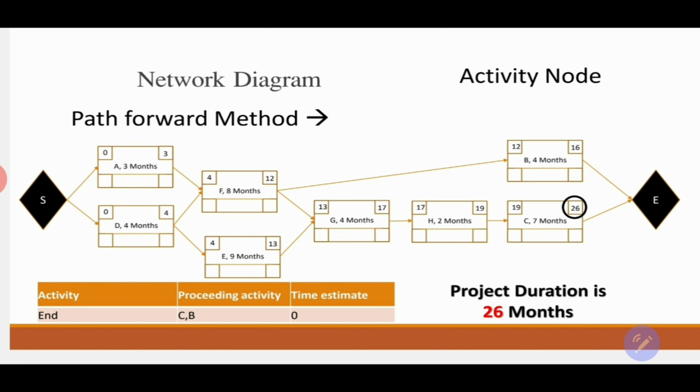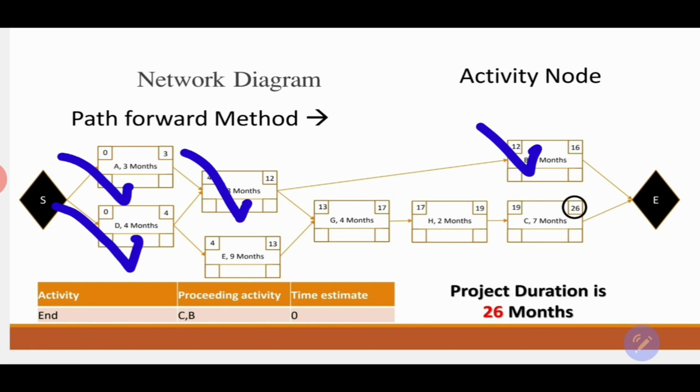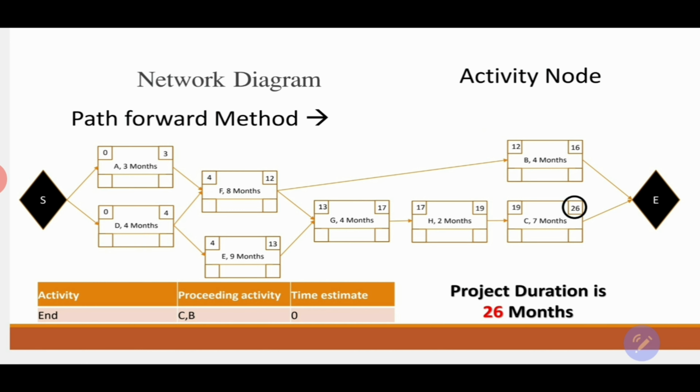Some might say, why are we not taking the 16, which is the early finish of activity B? What you need to do, just go back into the network diagram and let's see who are the predecessors of activity B. The predecessors of activity B, they are F and A and D. Therefore, if you would like to use the 16 months as a duration, you will only finish activities A, D, F, and B. The project duration from the network diagram is the longest duration you will find on the end activities.